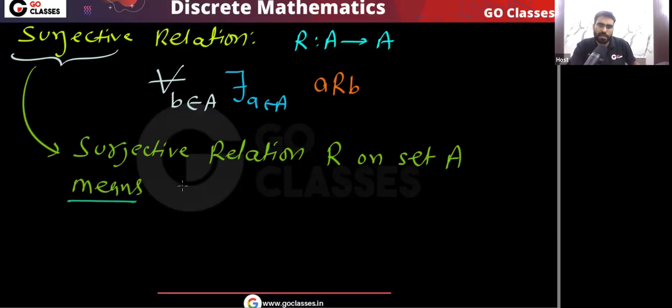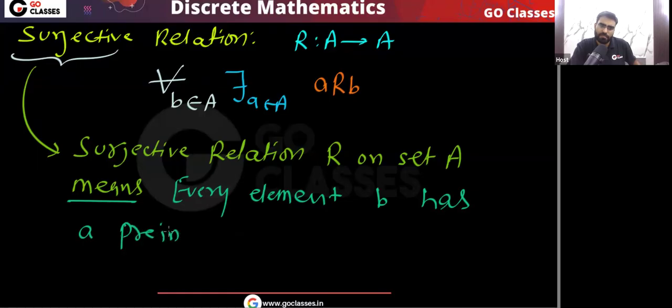That means every element B has a pre-image A. I can think of it like this: ultimately, A is related to B. Very simple. Is this point clear? Please tell me, did you understand this?